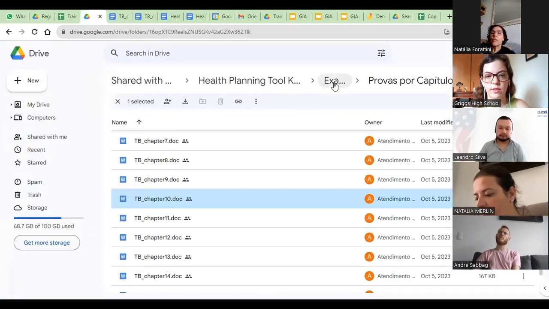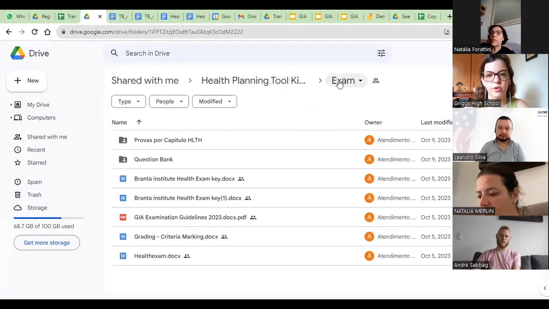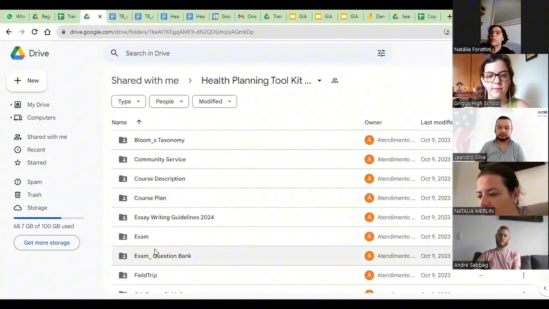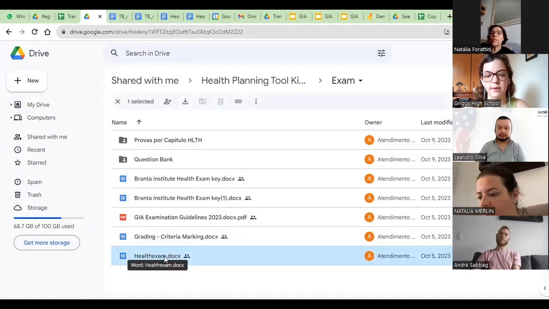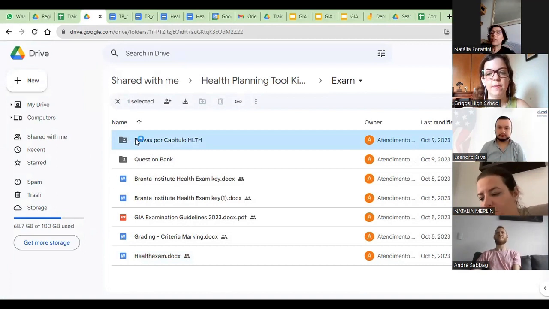Andrea, I was just showing them inside the folder exam, you have a sample exam for you to base your own exam. Please do not copy and apply it. But then you have provas por capítulo from the book.